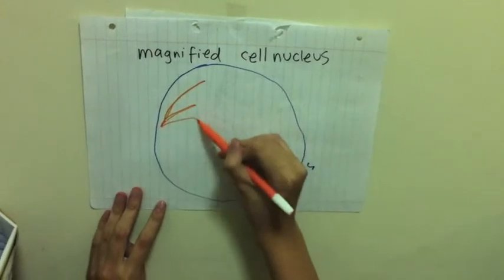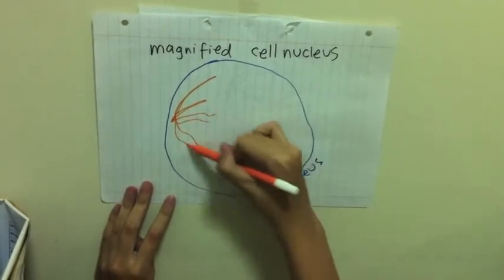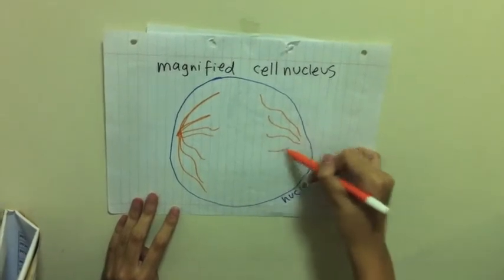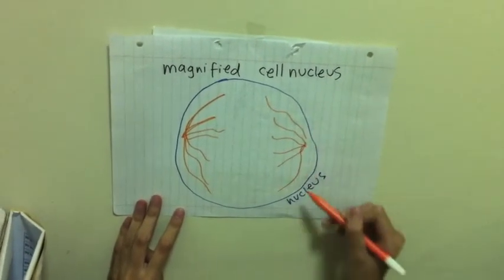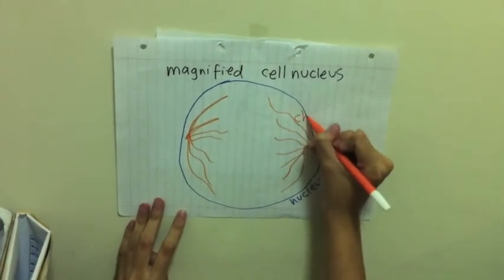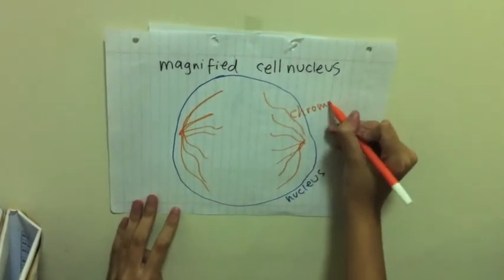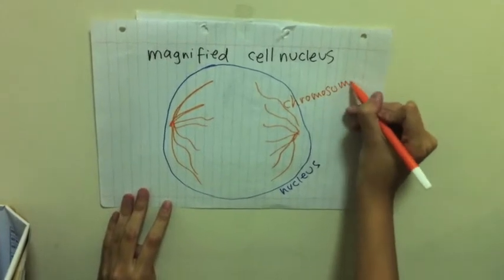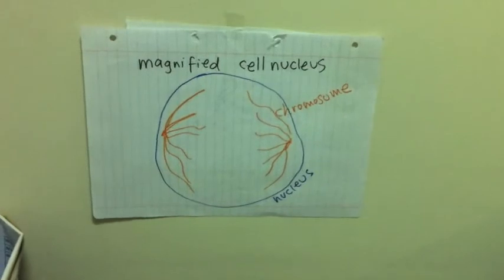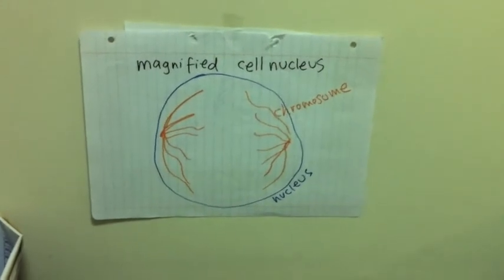So the chromosomes that are inside the nucleus are thread-like and carry protein and genetic information. And the chromosomes have proteins and genes. It's going to be labeled soon, so I'll just continue with what's inside.